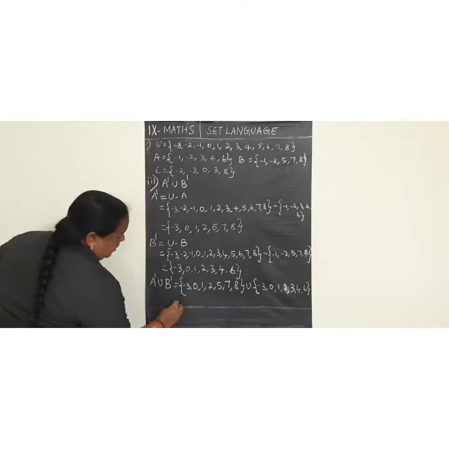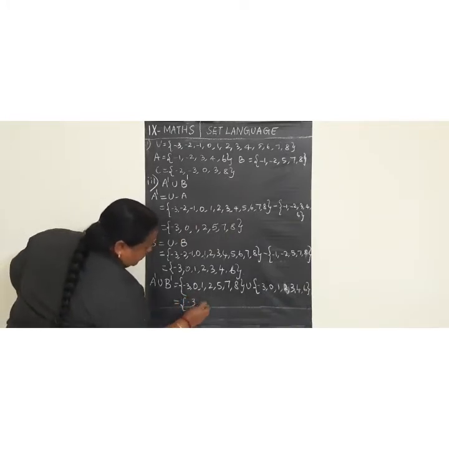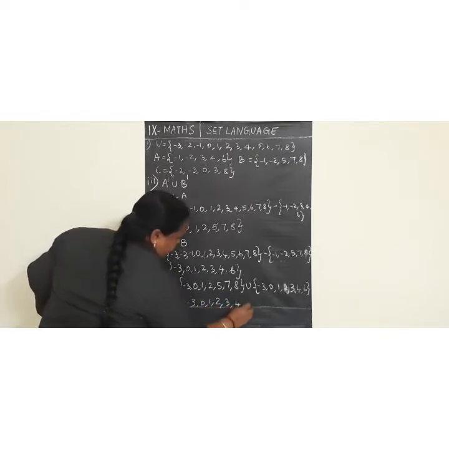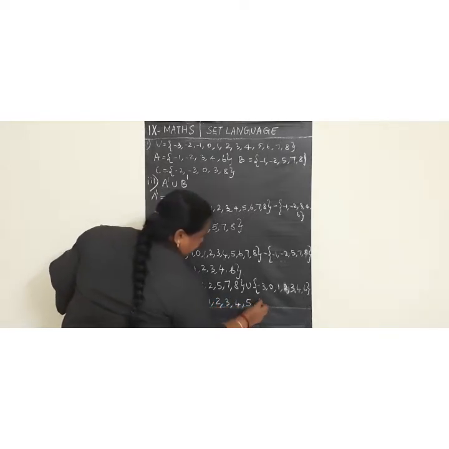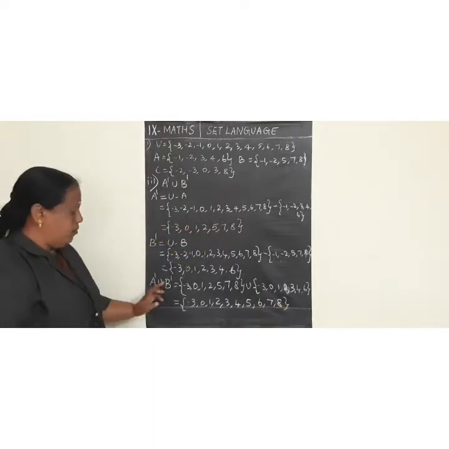So union means both we have to combine and write it. So minus 3, 0, 1, 2, 3, 4, 5, 6, 7, 8. This is A dash union B dash.